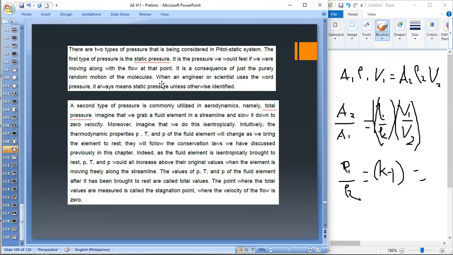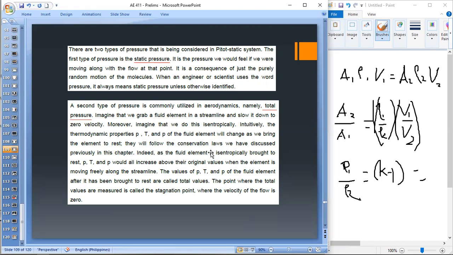So a second type of pressure commonly utilized in aerodynamics is total pressure. Imagine that we grab a fluid element, streamline it, and slow it down to zero velocity. So sinasabi natin, at that point, the velocity is 0. The thermodynamic properties that we have, pressure, temperature, and density of the fluid element, will change as we bring the element to rest.